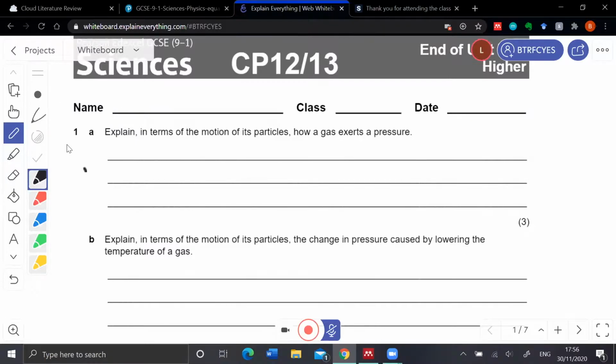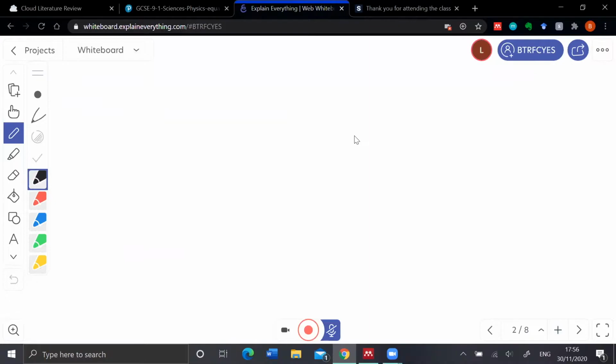Let's get a whiteboard up and think about a balloon. Before we answer that question, let's draw a balloon with gas particles inside it. It's blown up a little bit.